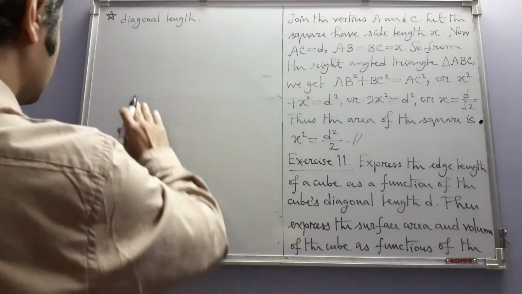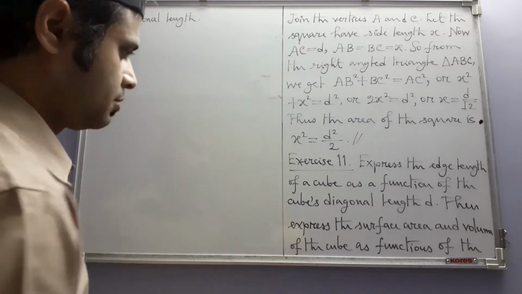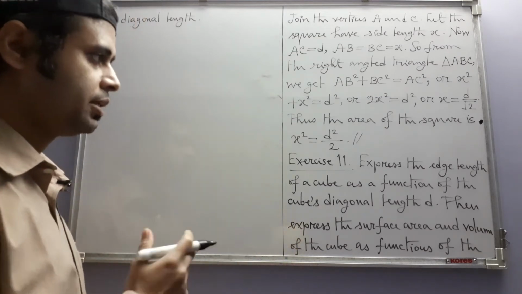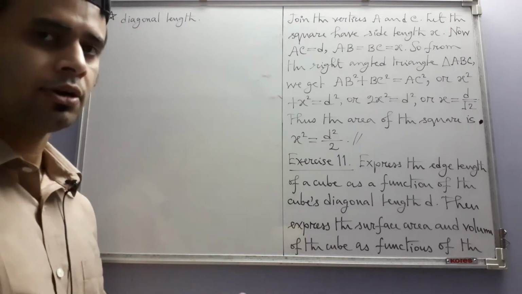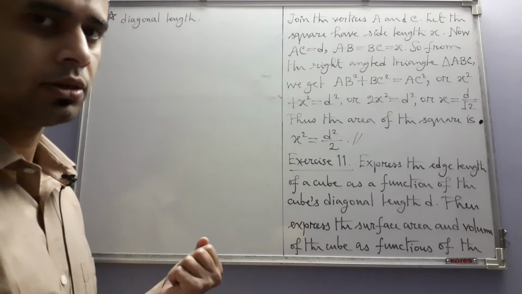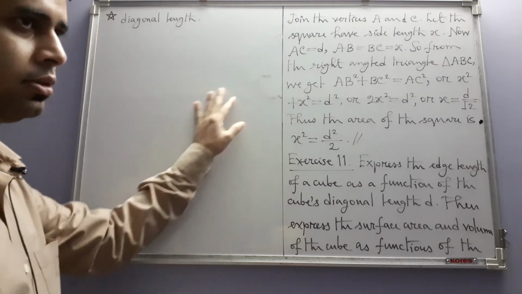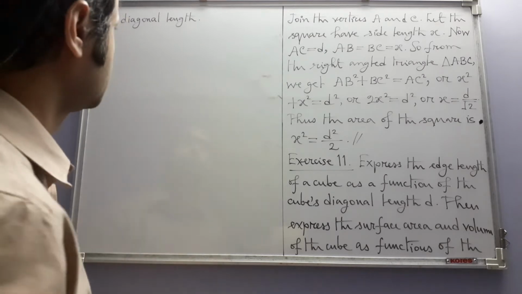Okay, since a cube is a three-dimensional object, we have to draw it carefully, and we cannot actually draw it because it's 3D, but we can draw a 2D representation of it, the way we usually draw a cube on a two-dimensional surface.